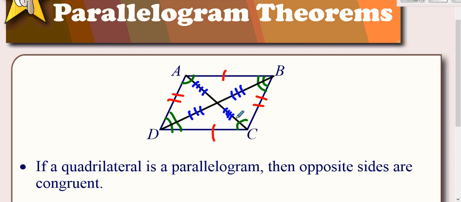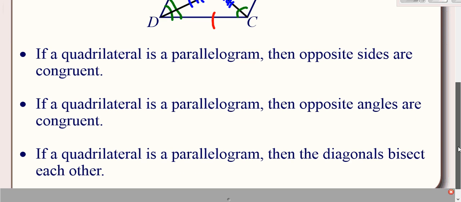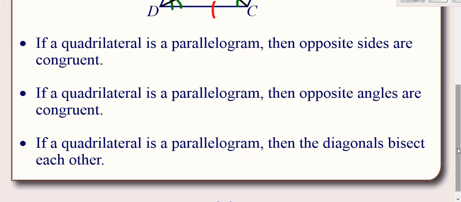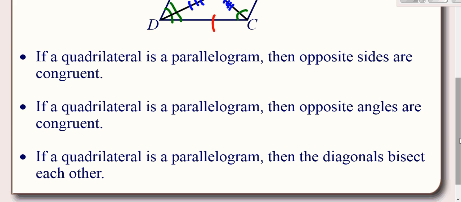So the diagonals bisect each other. They cut each other in half. So three properties right away from parallelograms. Opposite sides are congruent, opposite angles are congruent, and diagonals bisect each other.